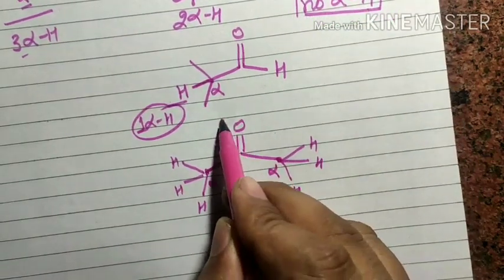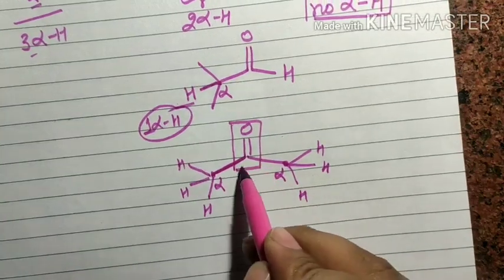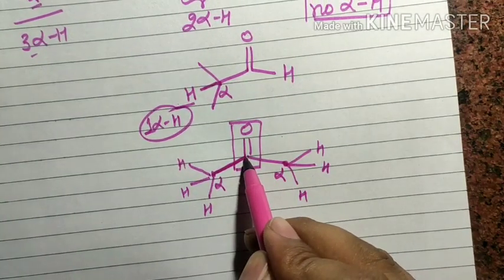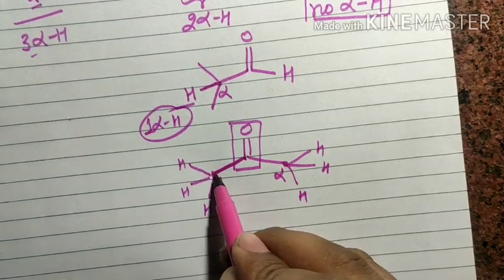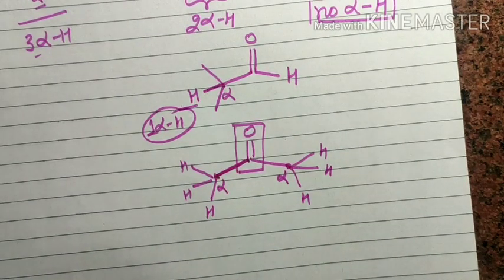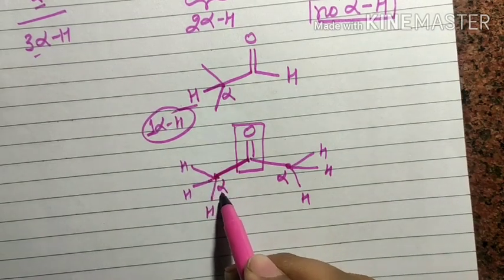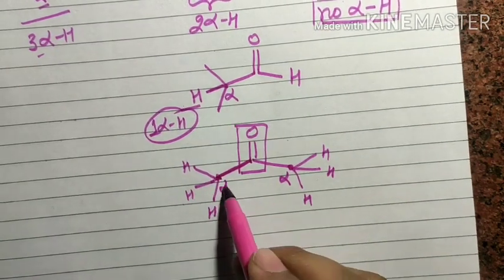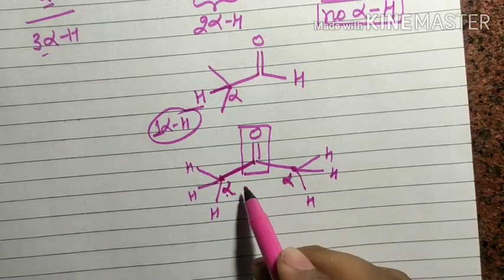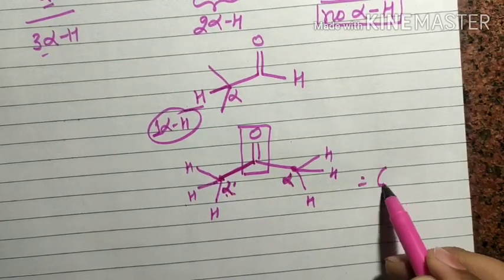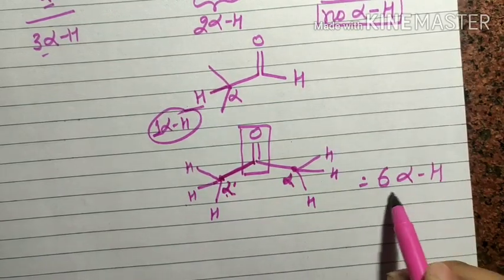After the carbonyl center or functional group, the first carbon is alpha, the second is beta, the third is gamma. Hydrogen attached to an alpha carbon are alpha hydrogen. Here there are 2 alpha carbons, written alpha and alpha dash, so in total 6 alpha hydrogen. Clear?